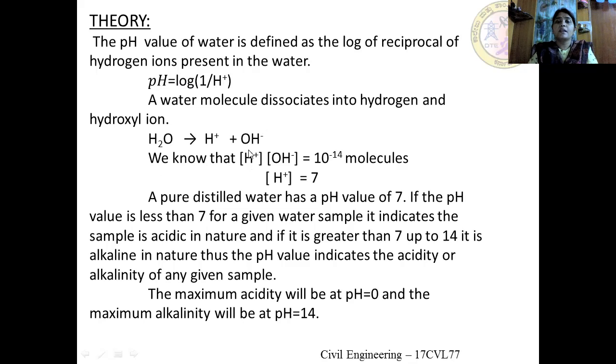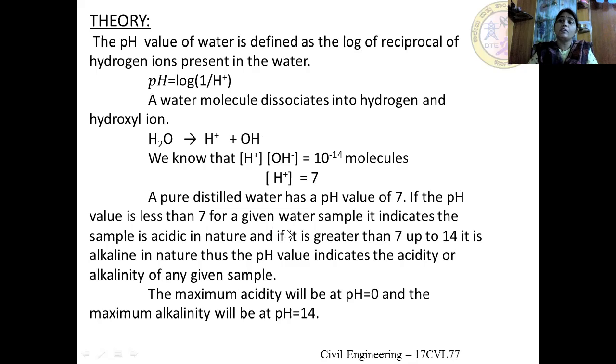So H plus times OH minus is 10 raised to minus 14, and we get H plus as 10 raised to minus 7, which means a neutral water has a pH of 7. So a pure distilled water will have a pH value of 7.